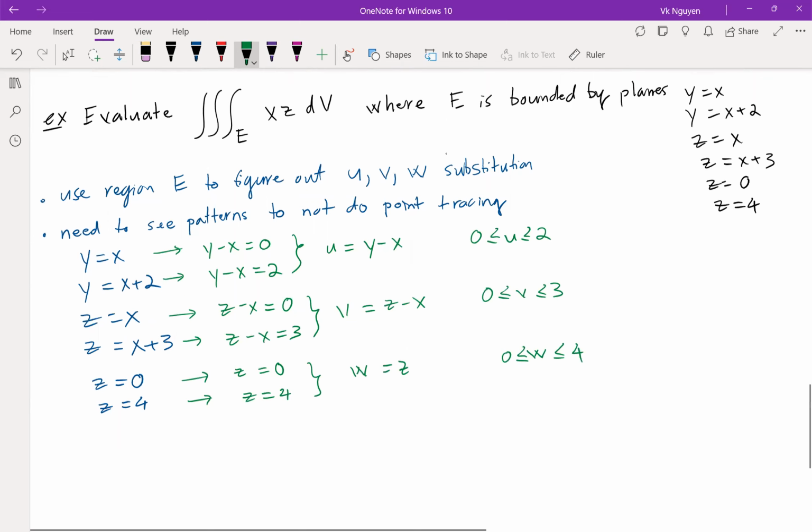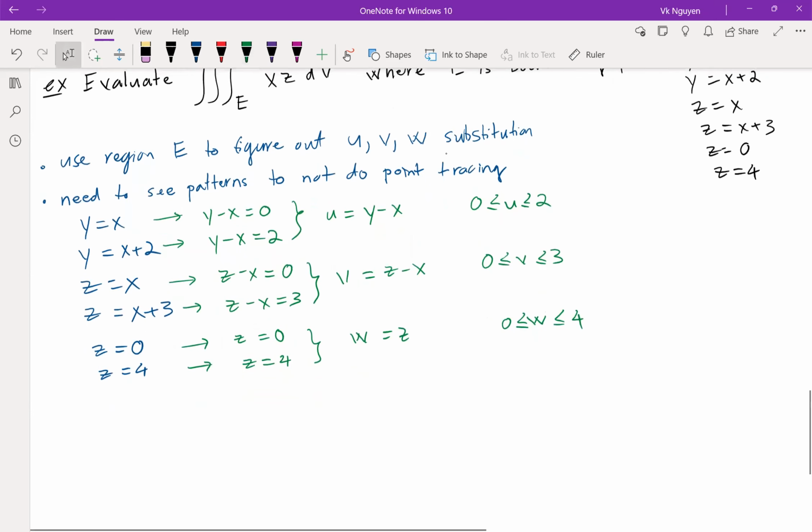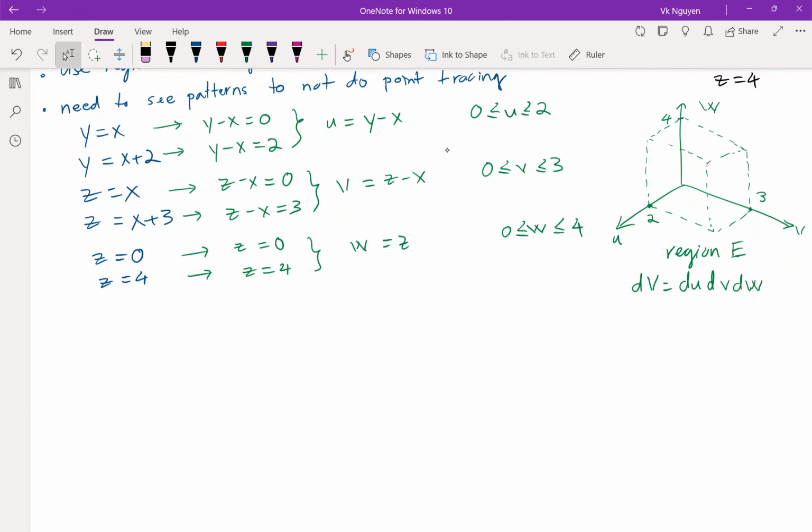Okay, how nice. The only tough part is you just have to solve for x, y, z in terms of u, v, w in order to figure out the Jacobian. Lucky for us, z is equal to w, so you just have to solve for x and y. It looks like we can do it backward here.